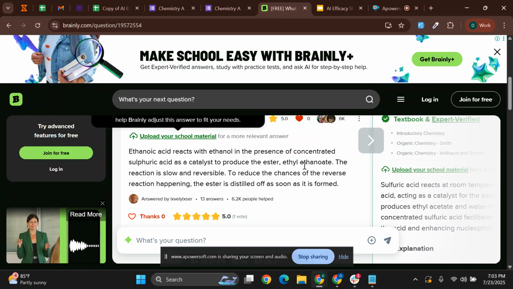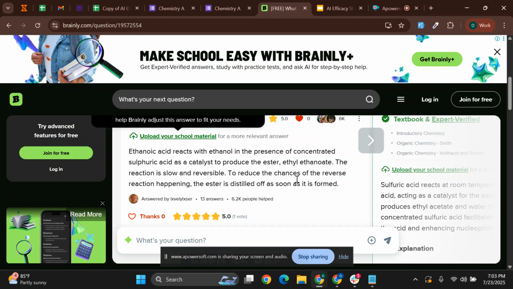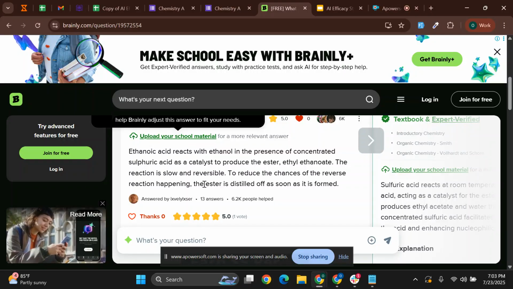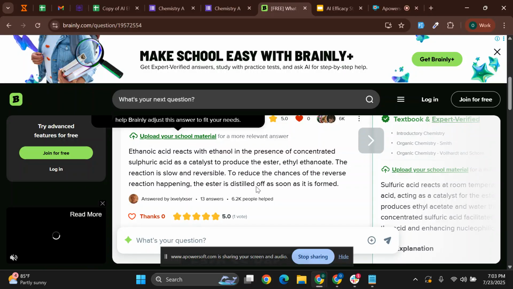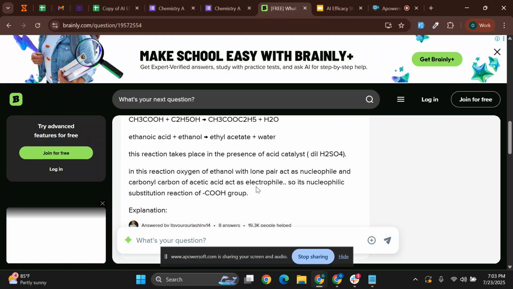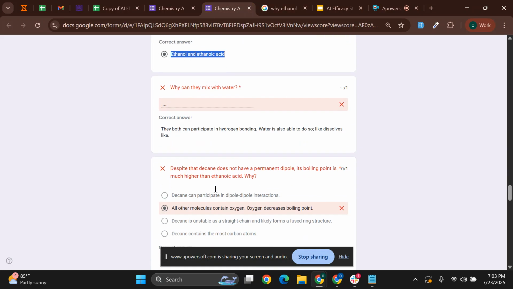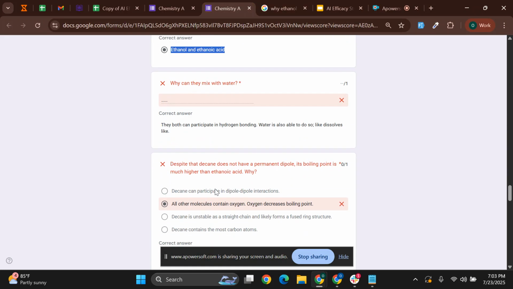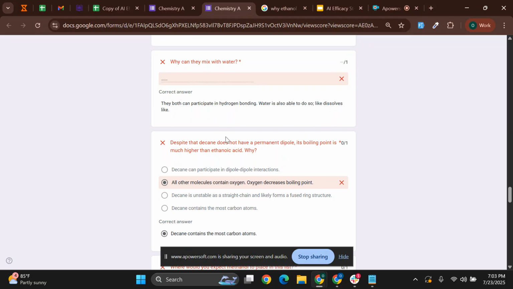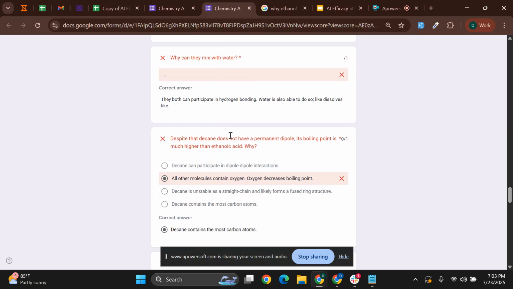The reaction is slow and reversible. To reduce the chances of the reverse reaction happening, the ester is distilled off as soon as it is formed. They both can participate in hydrogen bonding. Water is also able to do so, like dissolves like.